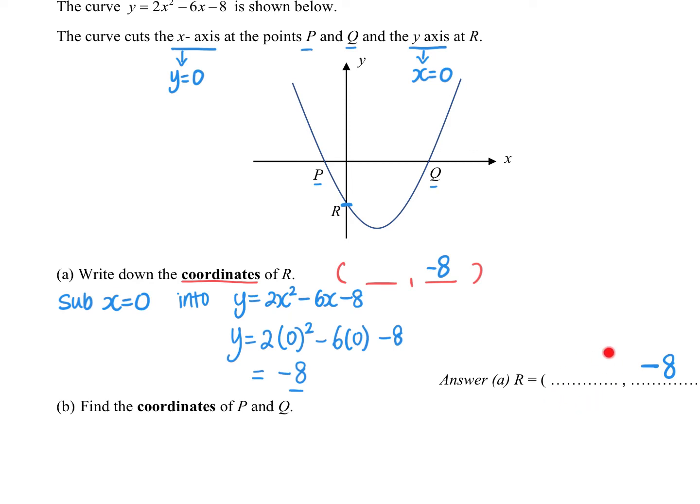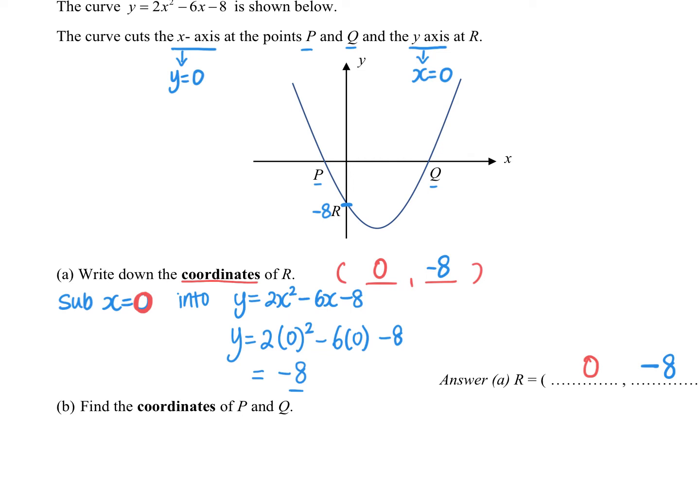Oh, remember? We substituted x equals 0. So x is the number 0. This pair of coordinates will be (0, negative 8). That's the point for R itself.